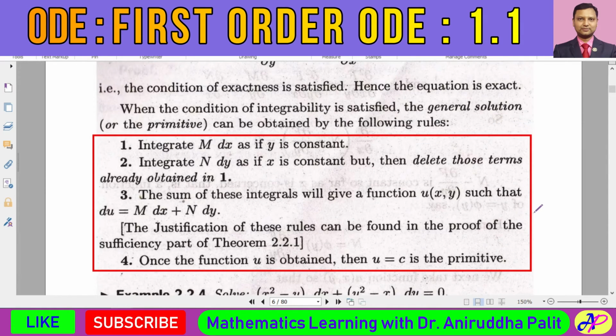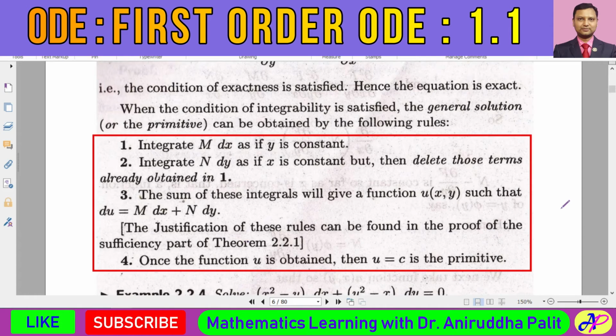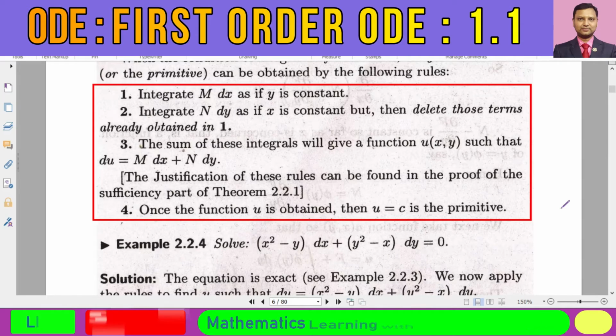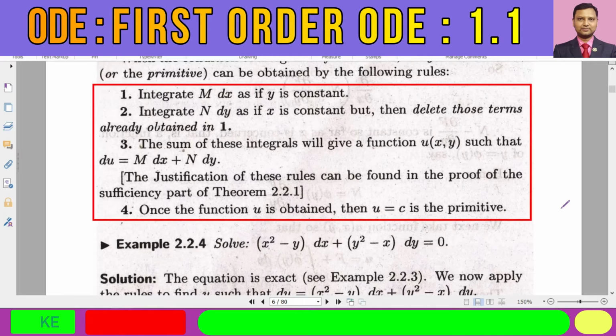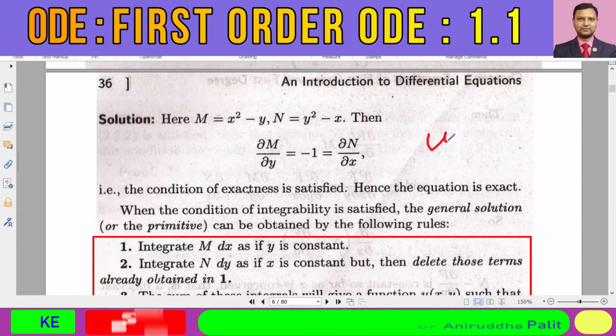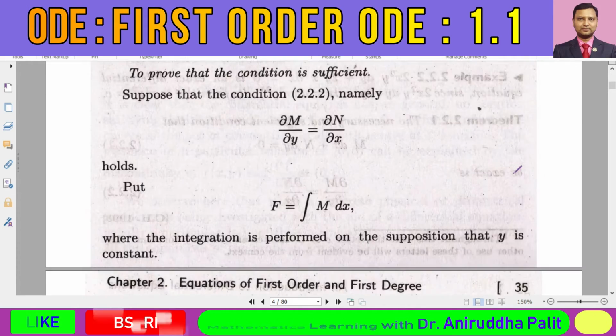For complicated expressions, these 4 steps are given, but my advice would be that you please try to have certain observation power, because that observation power will help you a lot to solve this kind of differential equation most of the times. If you have such observation power, you can compute the expression of u directly by observation.